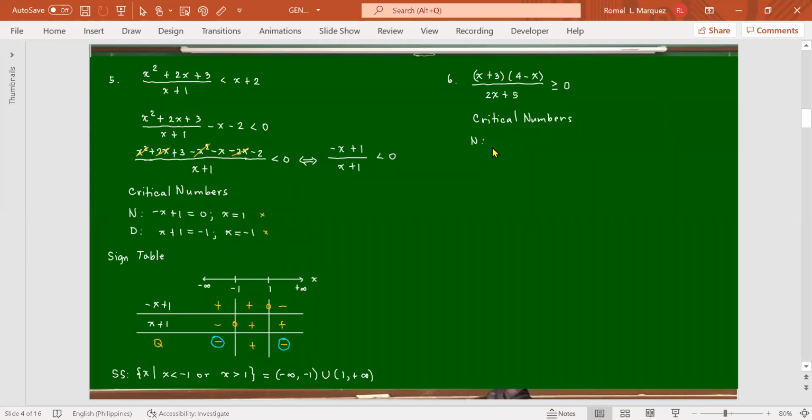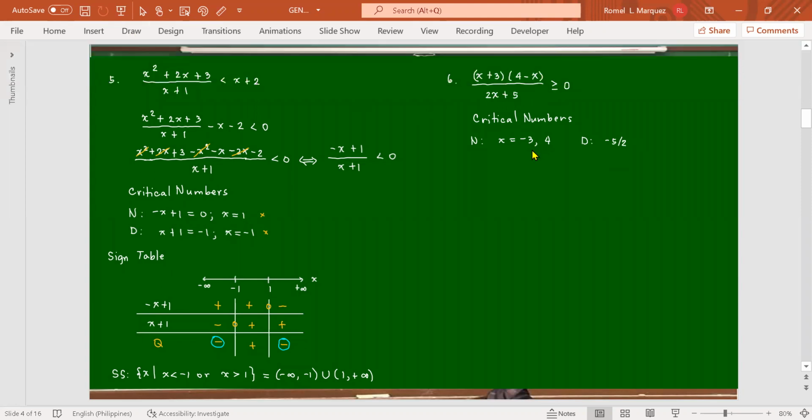Can we do it mentally? What is the first critical number? Negative 3. Positive 4. What about in the denominator? Negative 5 over 2. Which of these critical numbers are solutions?